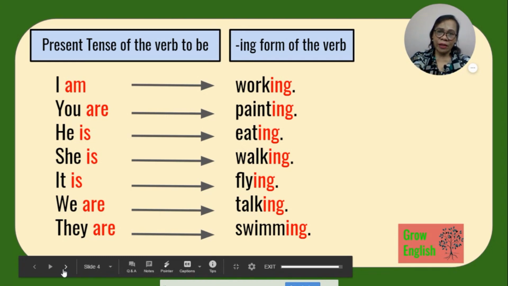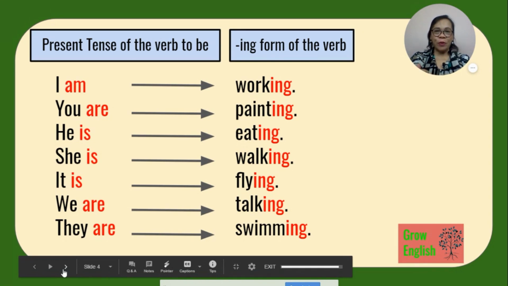Now let's go to the second column. We have the ing form of the verb. We have the main verb such as work, paint, eat, walk, fly, talk, and swim, added by the ing so that it became working, painting, eating, walking, flying, talking, and swimming.